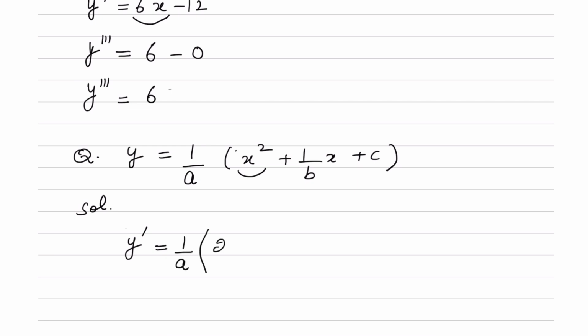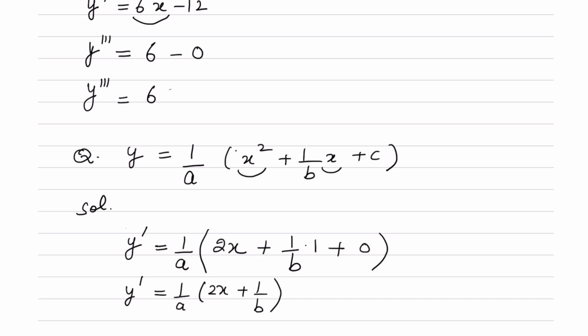The derivative of x square is 2x by the power rule, plus 1 over b is a constant on the side, and the derivative of x is 1 by the power rule, plus the derivative of c, which is a constant, is 0. We will simplify this expression: 1 over a, 2x plus 1 over b, that's it, and we will close the bracket.